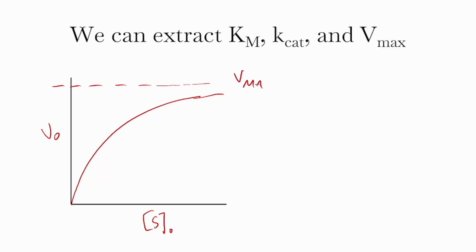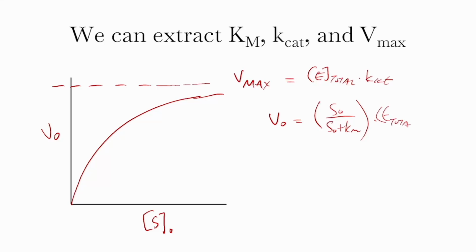This is the Vmax. And that Vmax is equal to the enzyme concentration total times the Kcat. The reason that's true is because we have this expression, V naught equals S naught over S naught plus Km, times E total times Kcat.